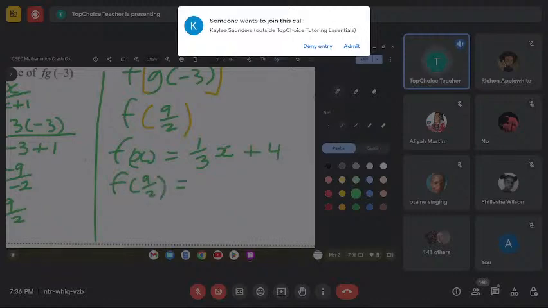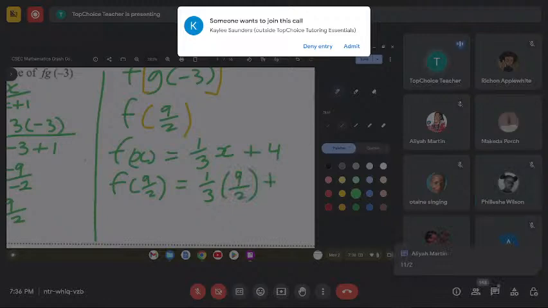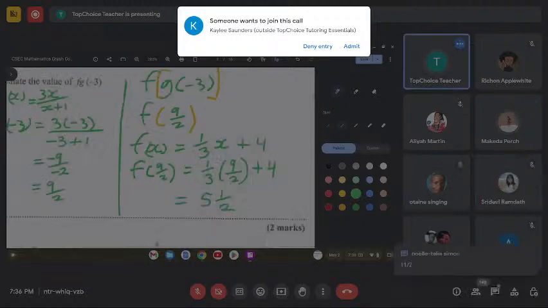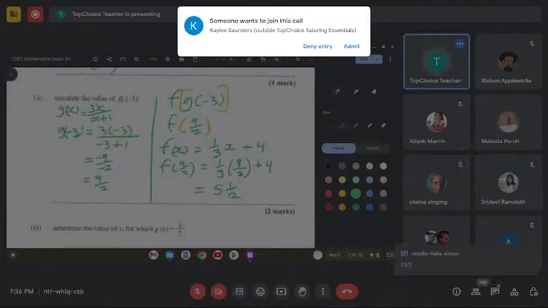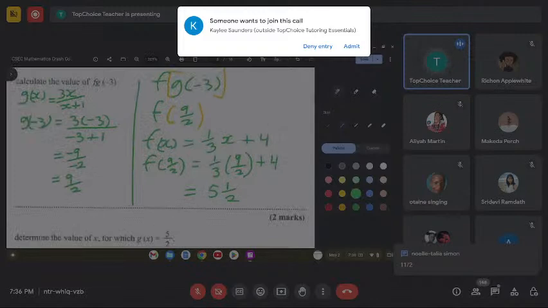We input 9 over 2 where we have x. What does this work out to be on a calculator? 5.5, and that's your answer. It's not that bad. This would have been 2 marks, I believe most of you could get.